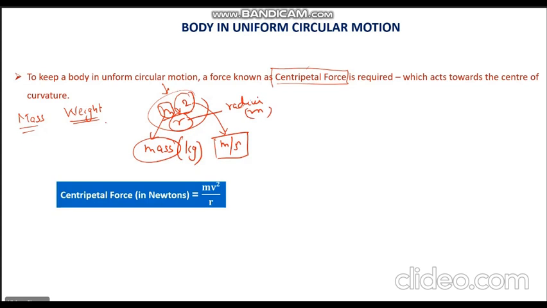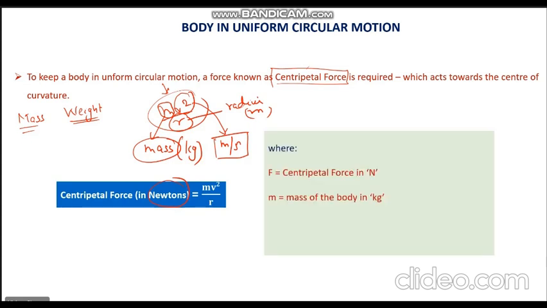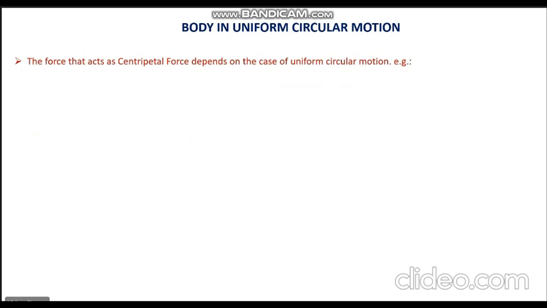That is how this formula was there, and that gave us the centripetal force in newtons. So this formula in physics was centripetal force in newtons will be equal to mv square upon r, where m is the mass of the body in kg, v is the speed or the velocity, and r is the radius. Understood, guys?